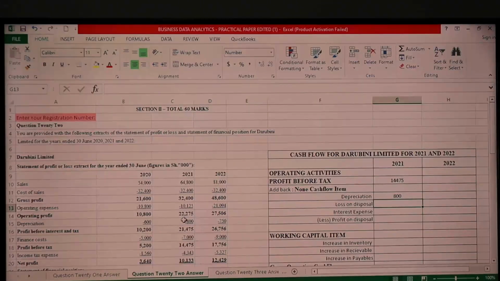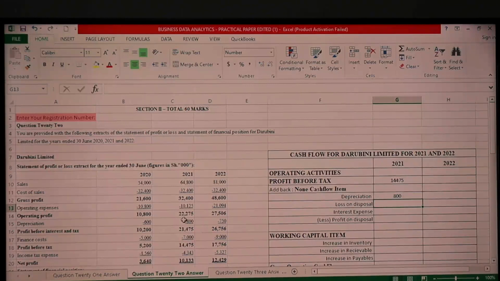Then we have the interest expense. So according to our worksheet, we are going to add interest expense under the operating activities. Then later we are going to subtract the interest expense under the financing activities. So here we will just take the interest expense.